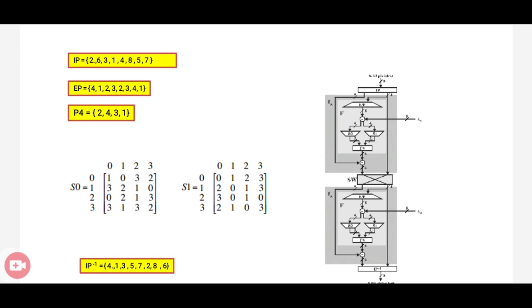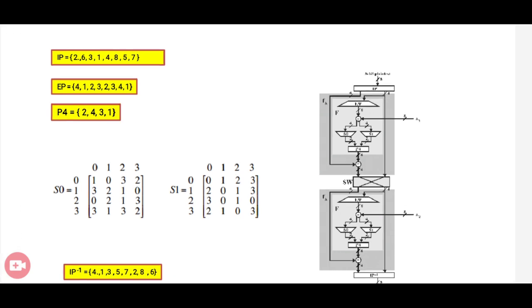The rounds are the same. After round 2, we have the IP inverse permutation, then produce an 8-bit ciphertext. So IP stands for initial permutation and IP inverse represents inverse permutation.